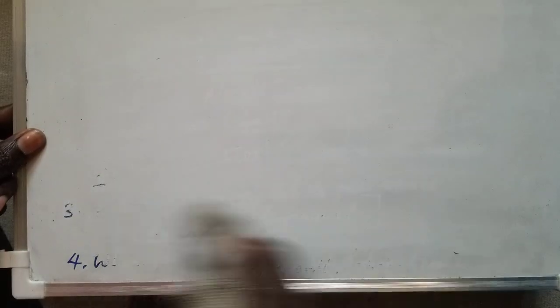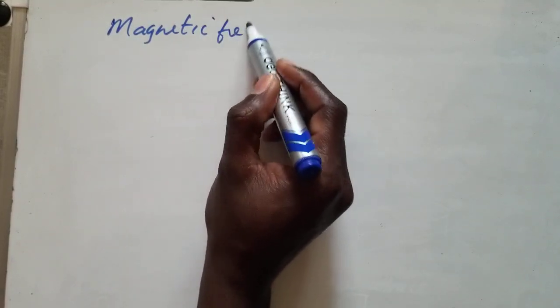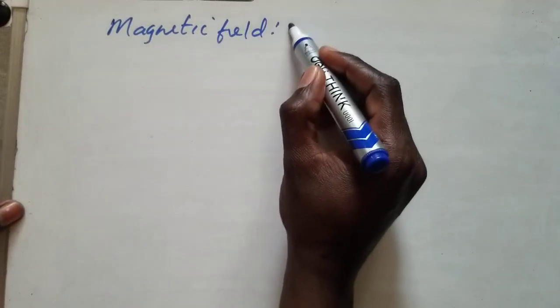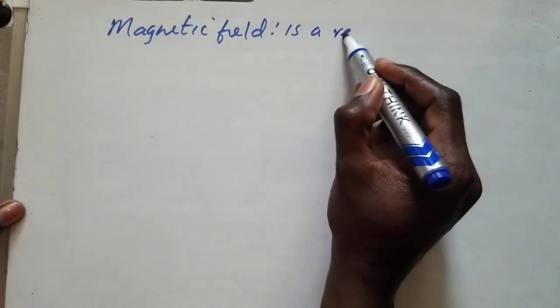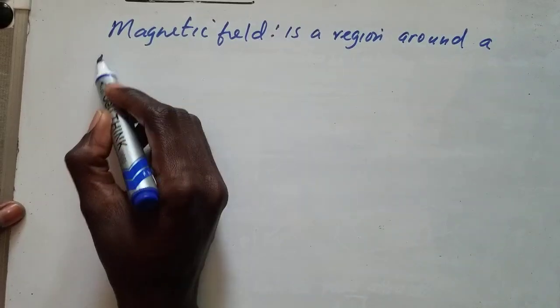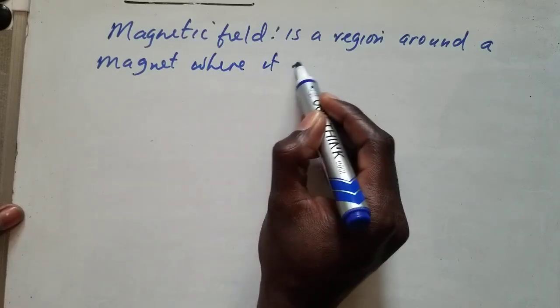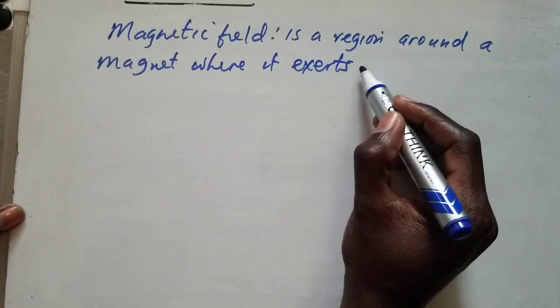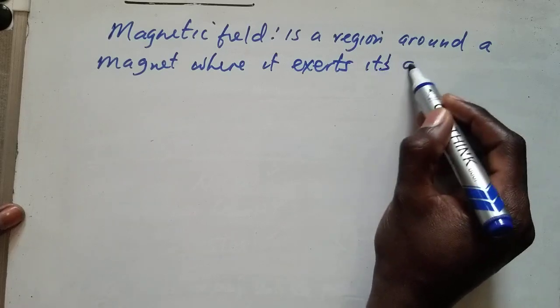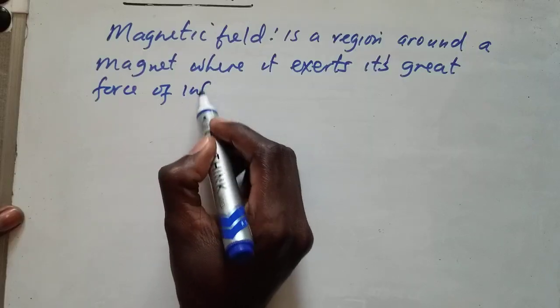Now a magnet is capable of producing what we call a magnetic field. A magnetic field is a region or an area around a magnet where it exerts its greatest force of influence.